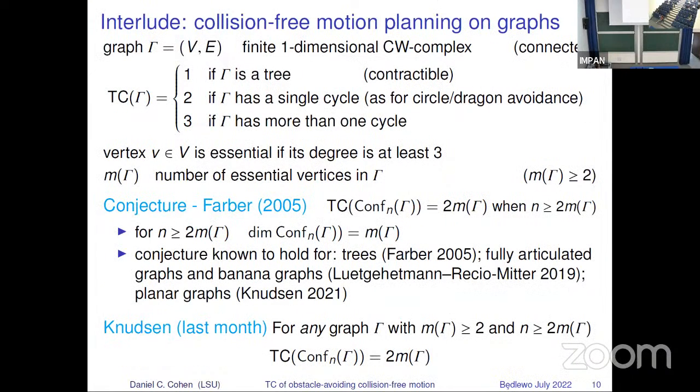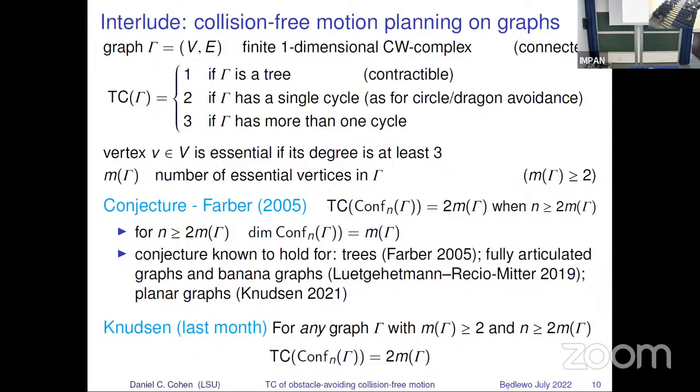Before we go to the third problem that I posed, I wanted to make a slight detour and talk briefly about a very recent result on configuration spaces of graphs. So a graph will be simply a path-connected one-dimensional CW complex.